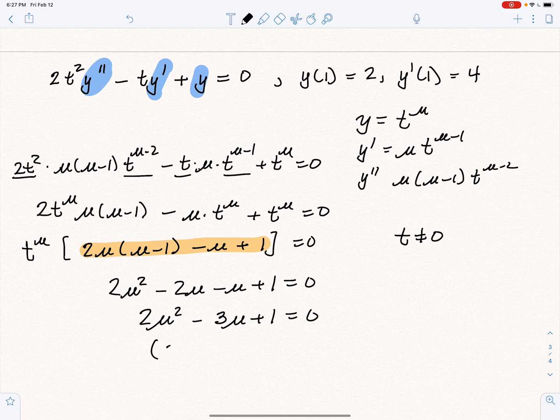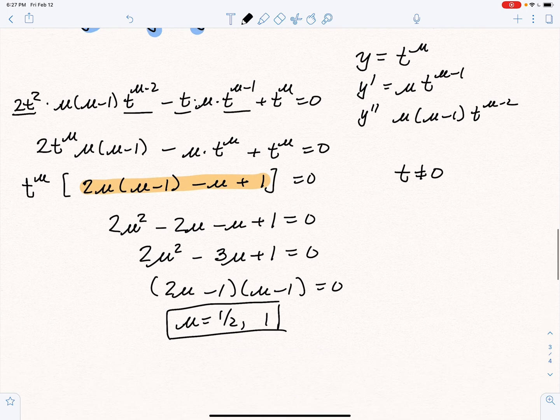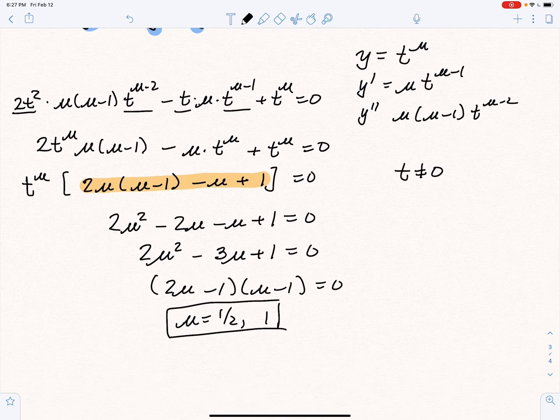So we have 2 mu minus 1 times mu minus 1 equals 0. And by eyeballing this, I see that mu is either 1/2 or 1. So great. That says that if t to the mu is a solution to this differential equation, then mu would have to be 1/2 or 1. Great. Second order differential equation, 2 linearly independent solutions. I think we've figured it out.